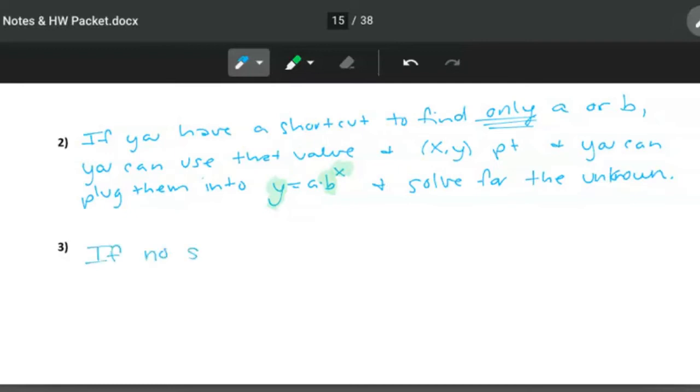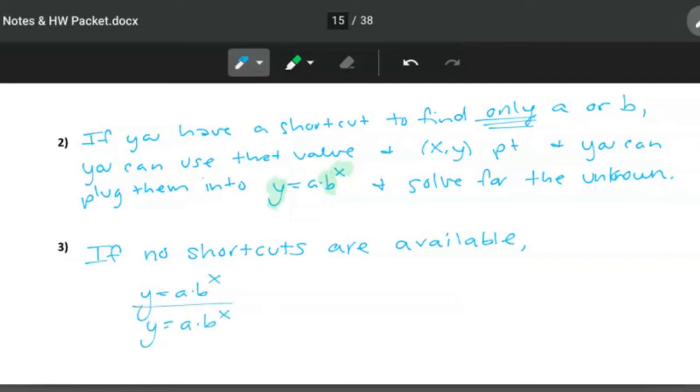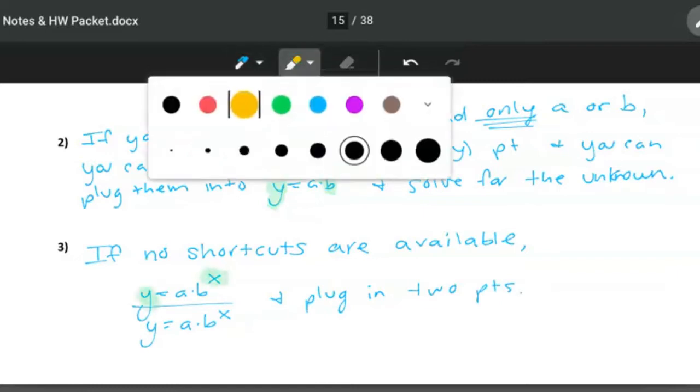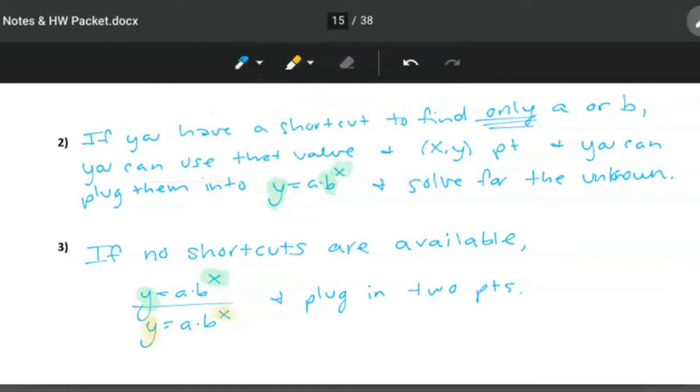So if no shortcuts are available, how you set it up is that ratio we did in the notes yesterday: y equals a times b to the x over y equals a times b to the x, and you plug in your 2 points. Your 2 points, you should have an x and a y. You could plug in one on top. You should have another x and a y. You could plug in the other on bottom, and then you could solve from there.